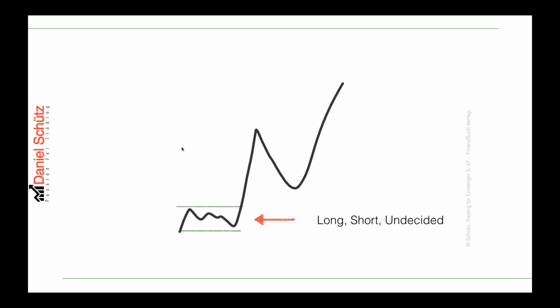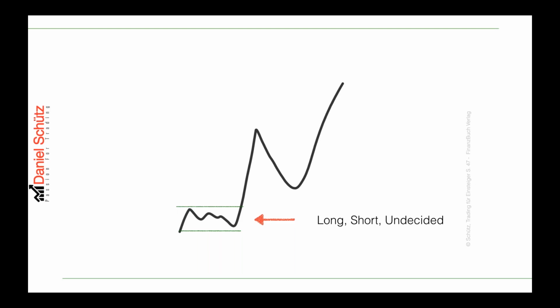This is the area between the green bars where we have traders who are already long because they can wait for the market breaking out of that range, and they want to be the first in the market and already open a position. Then we have the short ones. They don't believe the market is coming up, and they also can't wait until the market breaks out of these green lines. And so they already open the short position.